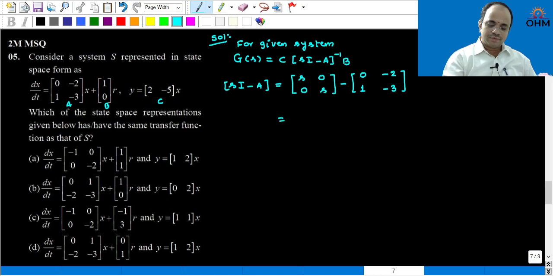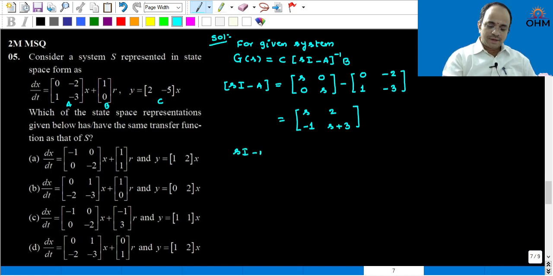So it will give you S minus 0, it is simply S, 0 minus of minus 2, that is 2, 0 minus 1 is minus 1, and it is S plus 3. So this is the SI minus A matrix.